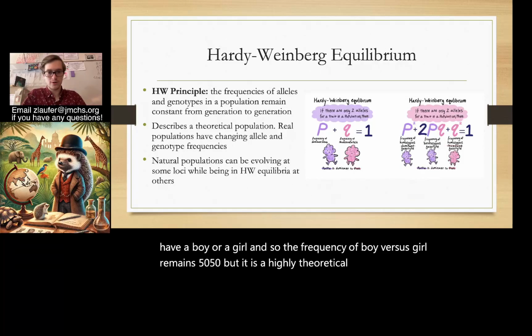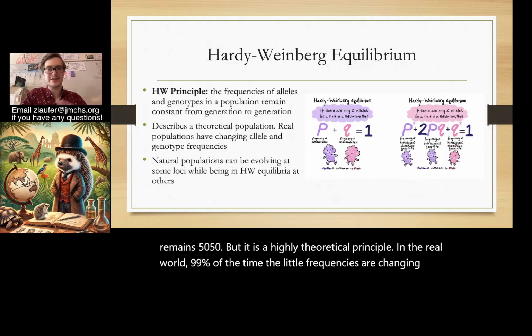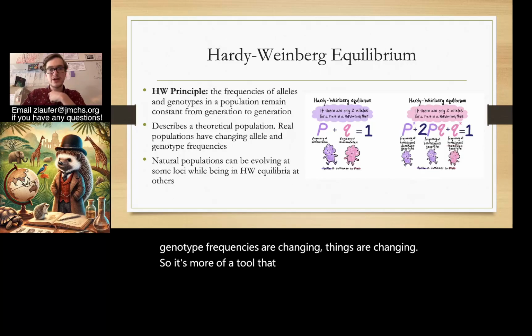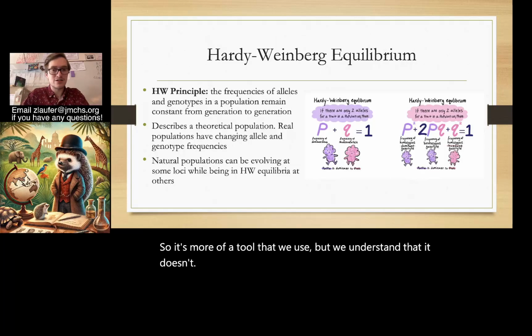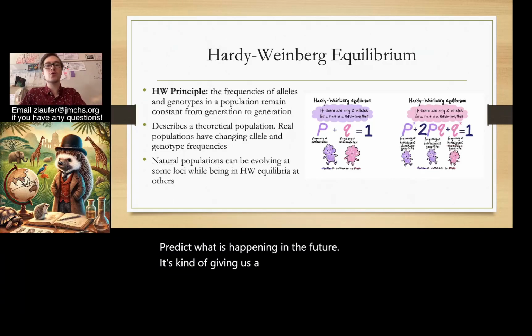In the real world, 99% of the time, the allele frequencies are changing, genotype frequencies are changing, things are changing. So it's more of a tool that we use, but we understand that it doesn't necessarily predict what is happening in the future. It's kind of giving us a statistical snapshot of where we are at a point in time.